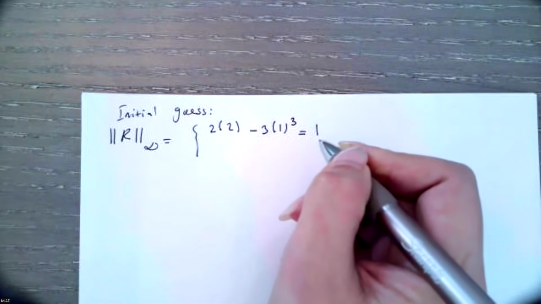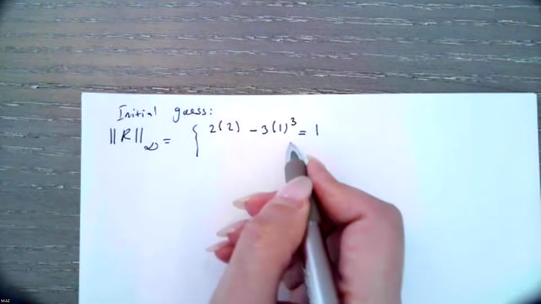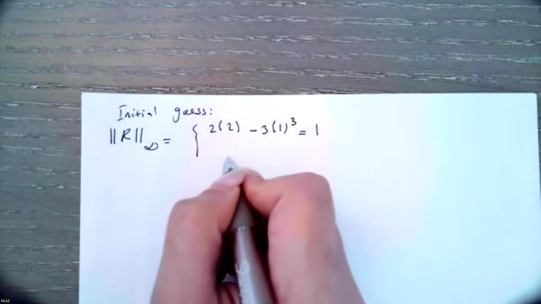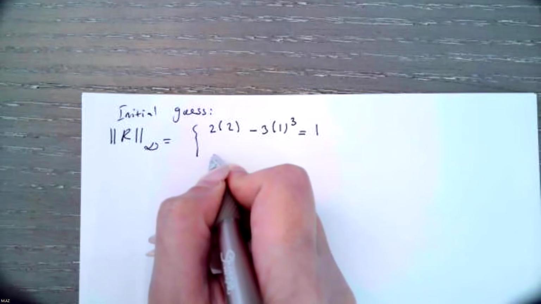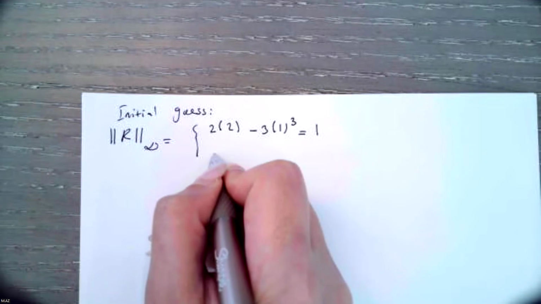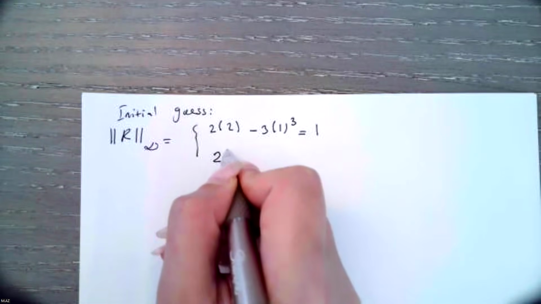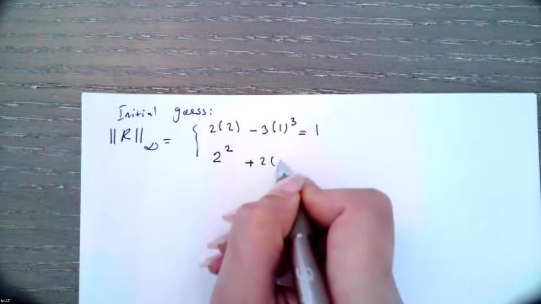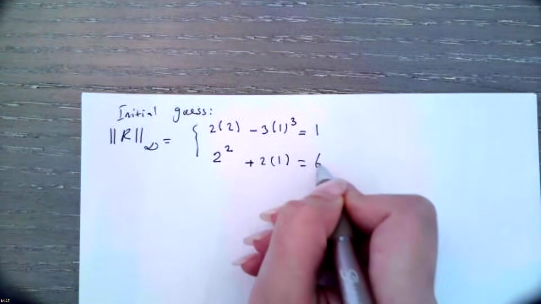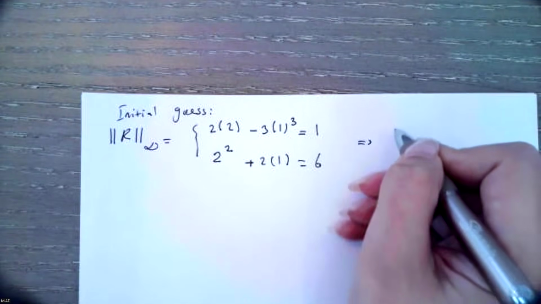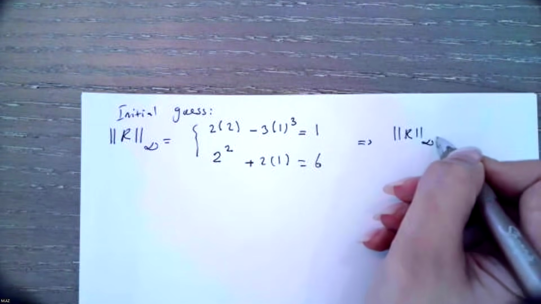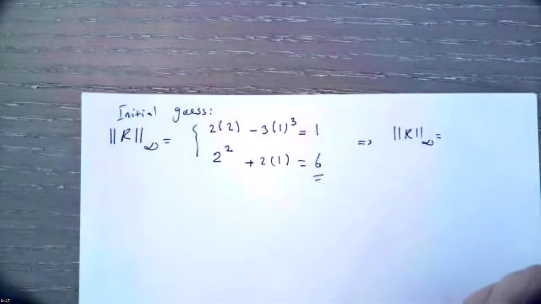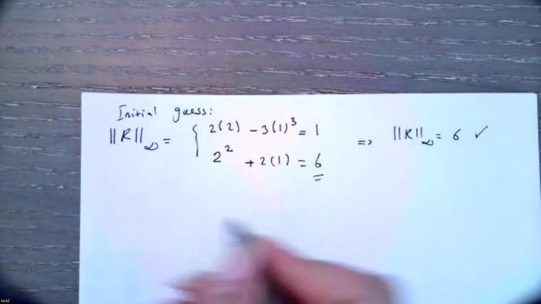The answer is 1. This is the residual for equation 1. And this is for equation 2. And we have to find the infinity norm of the residual, meaning the maximum value, because this is a vector. This is the answer of part B.